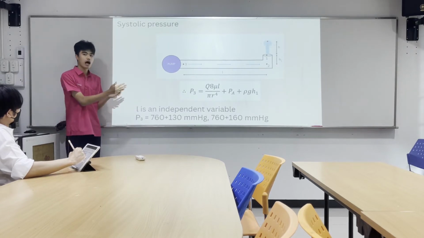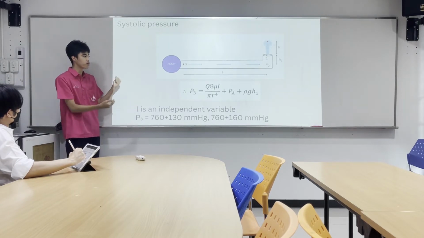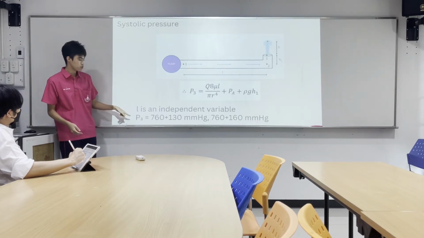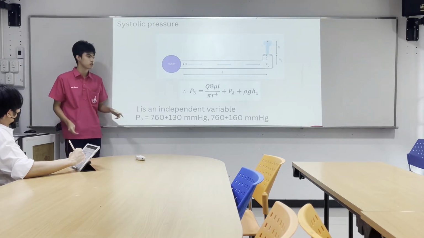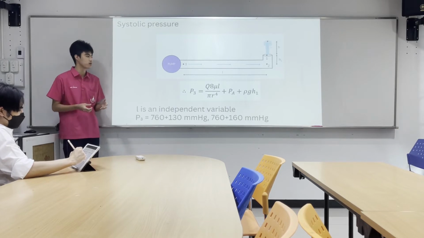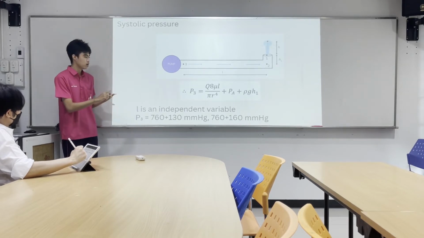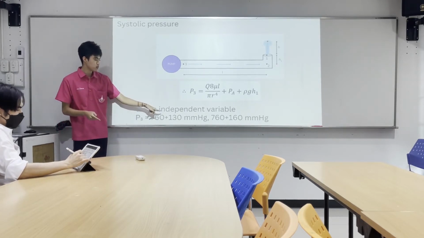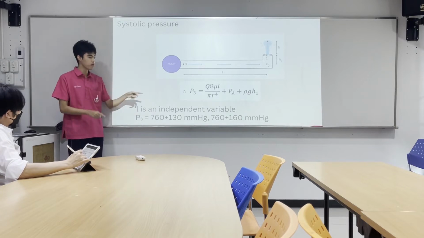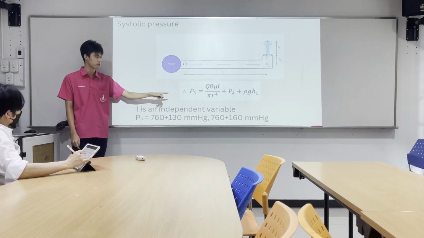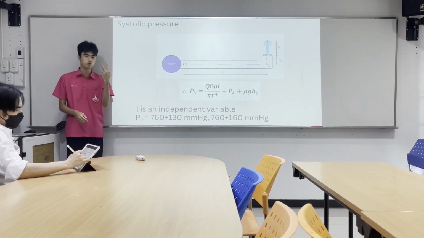We want to find how much L will give us 130 and 160, so we adjust L to get these values. When we have adjusted it, we get two values of L: the L that makes 130 systolic pressure and the L that makes 160 systolic pressure. So just keep in mind we have two L now.